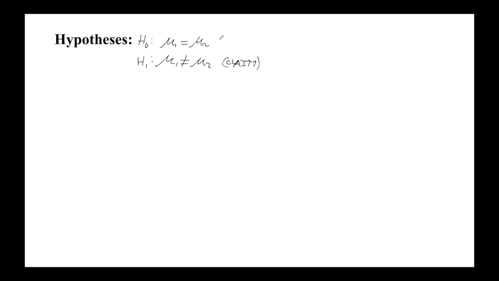This means that there is no significant difference, because equal means zero difference. Again, there is no significant difference between the monthly salaries of the private and public elementary school teachers. For the H sub 1, mu sub 1 is not equal to mu sub 2, which is our claim.